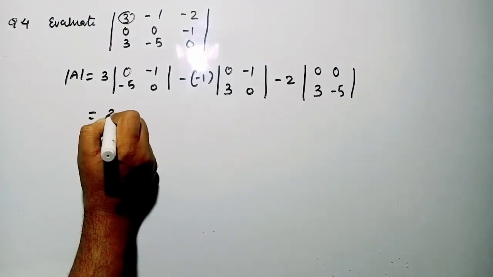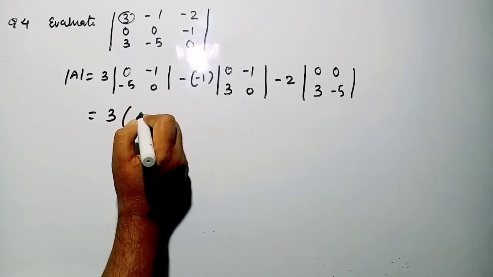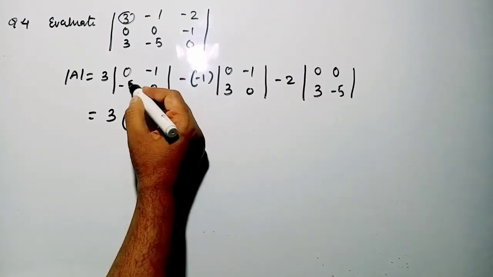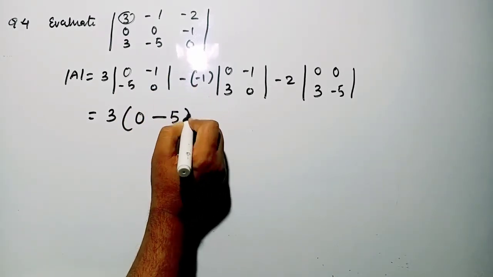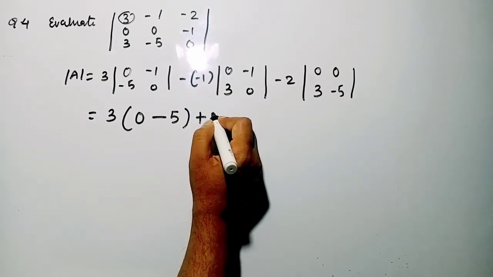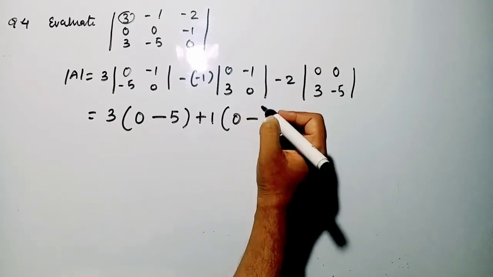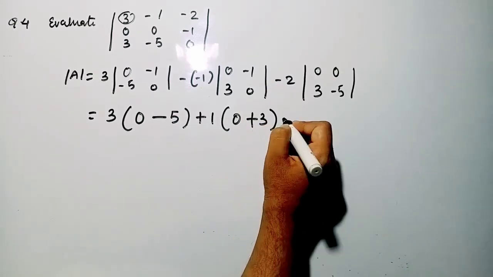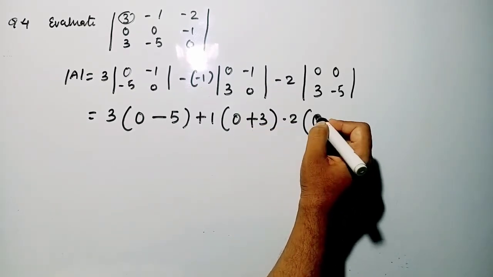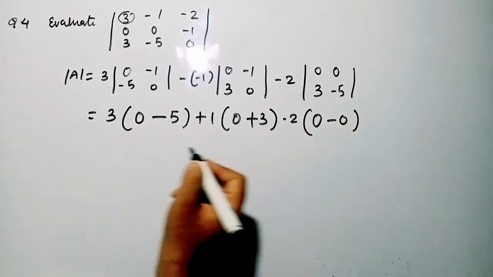Now students, using Cramer's rule, 3 into (0 into 0 minus, there will be minus 5) so minus minus plus, 0 into 0, and here is the minus of the formula, so 3 into minus 1, so plus 3, so minus 2 into (0 into minus 5), and here it will be 0.